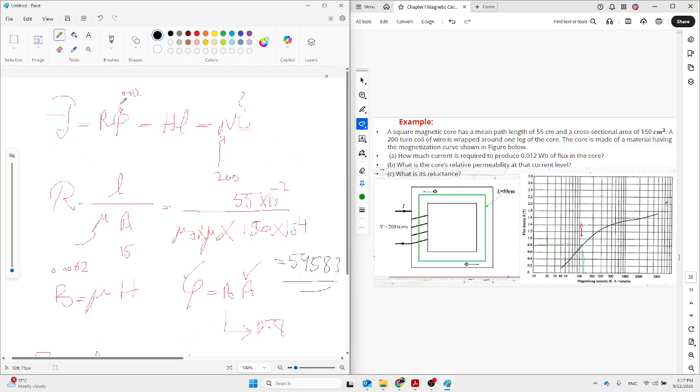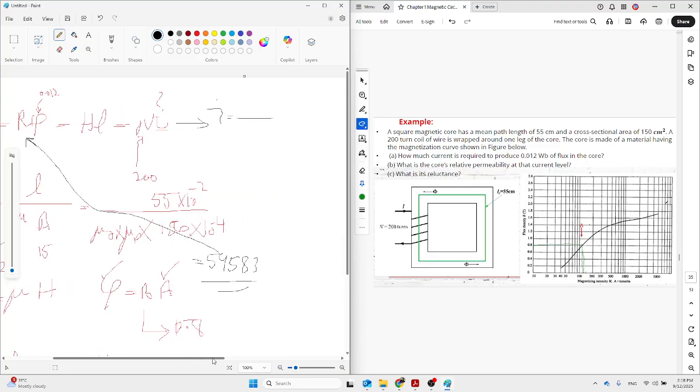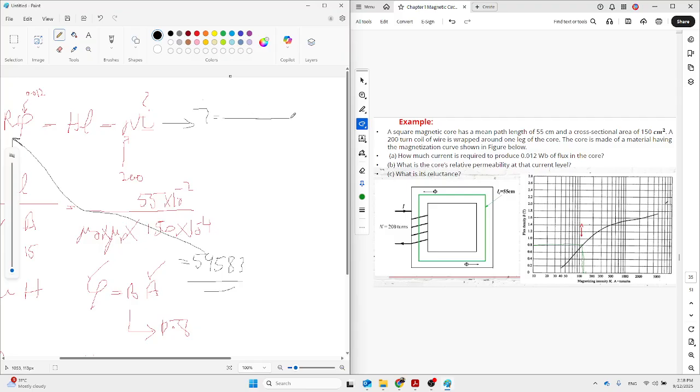Right now we know R and we know N, so from this equation you can calculate I. I is equal to 0.012 times 5958 divided by 200. From here you can calculate the current.